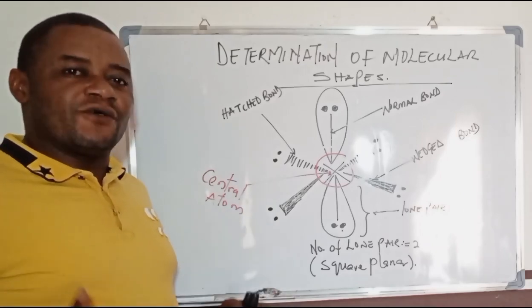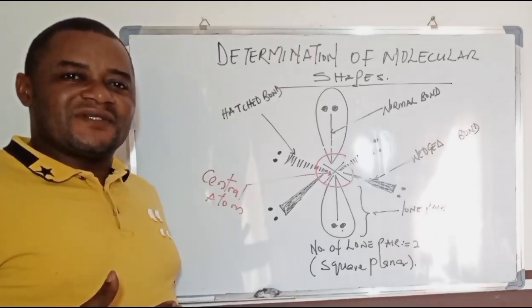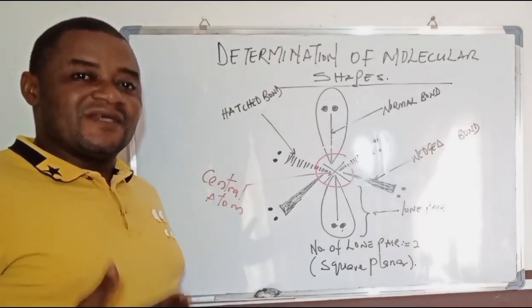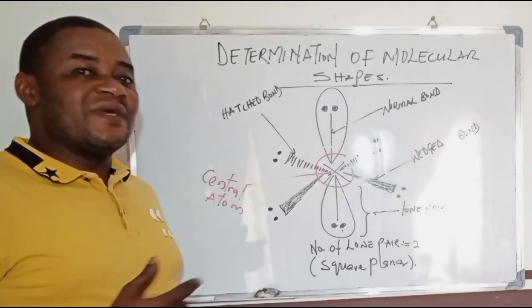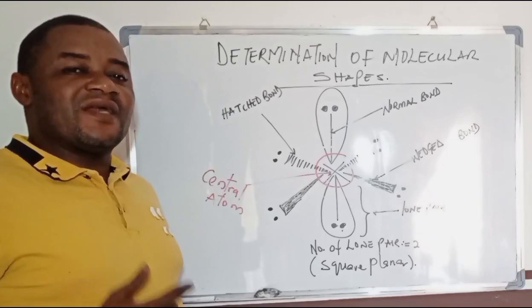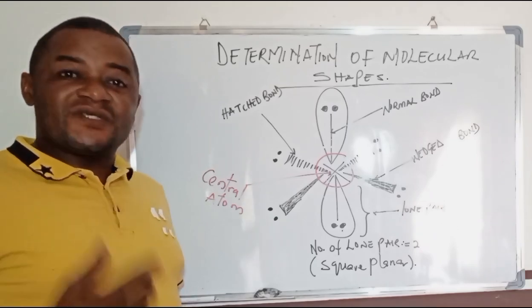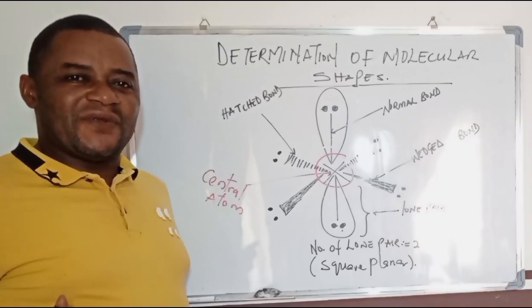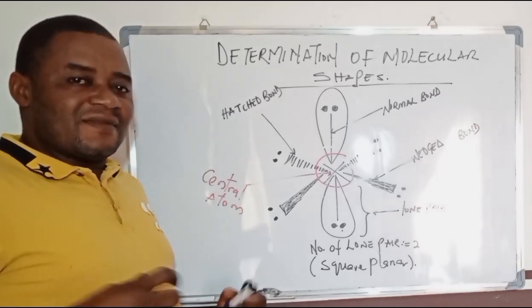repulsion. And usually the lone pair electrons, that is, the ones that are bonded only to the central atom but not bonded to any other atom, always have a greater repulsion. And because they possess a greater repulsion, they try their best to minimize that repulsion.